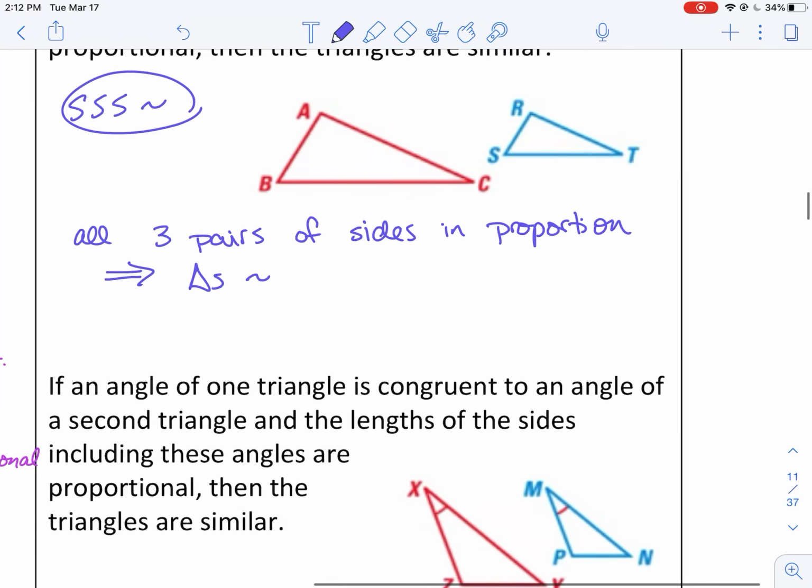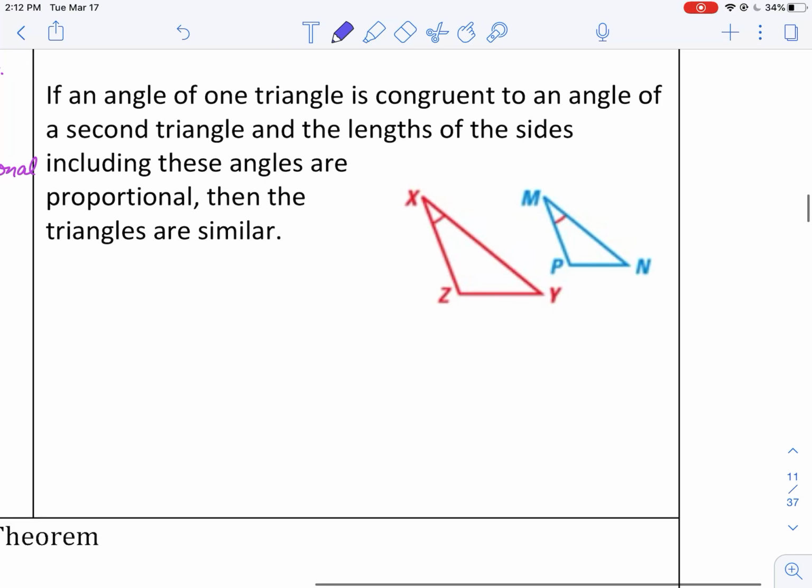The next theorem says if an angle in one triangle is congruent to an angle of a second triangle, and the lengths of the sides including these angles are proportional, the triangles are similar. So here we need this angle to be subtended by the two pairs of sides that are in proportion.